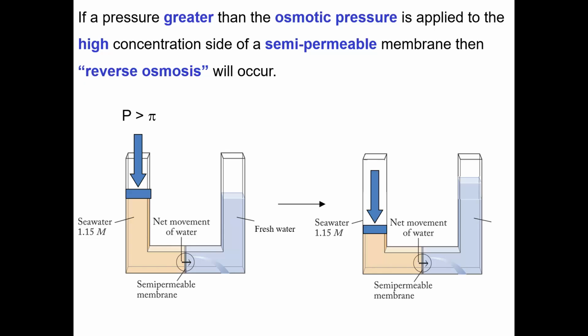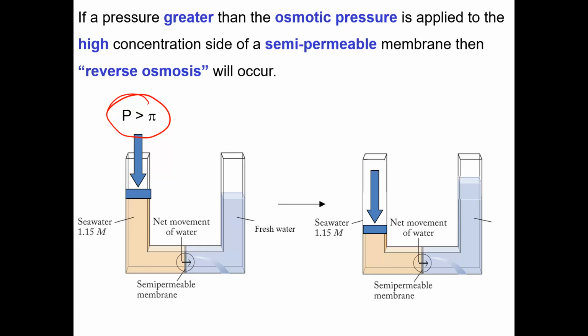Okay, so a related concept to osmotic pressure is the idea of reverse osmosis. So we said that if we apply a pressure equal to the osmotic pressure, we can stop movement. However, if we apply a pressure greater than the osmotic pressure, we can actually make it go back in the non-spontaneous direction.